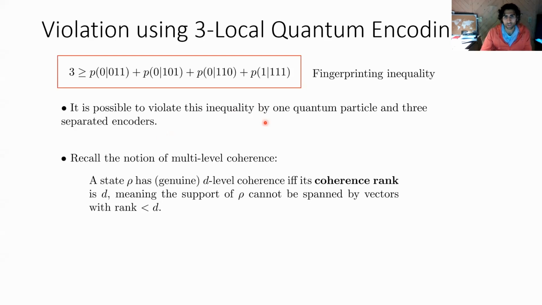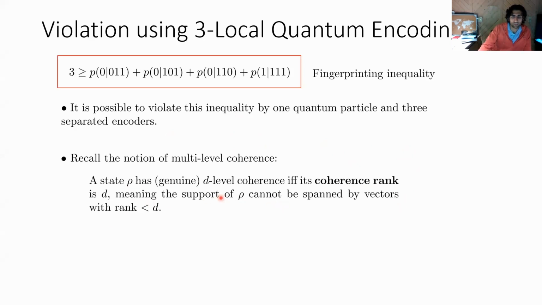And here's another interesting connection, that it's related to something which is known as the coherence rank of your density matrix. So let me review this concept here. For a density matrix rho, its coherence rank is d if the support of rho can't be spanned by vectors with coherence rank less than d.